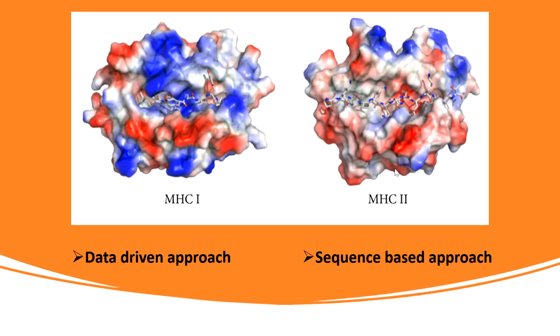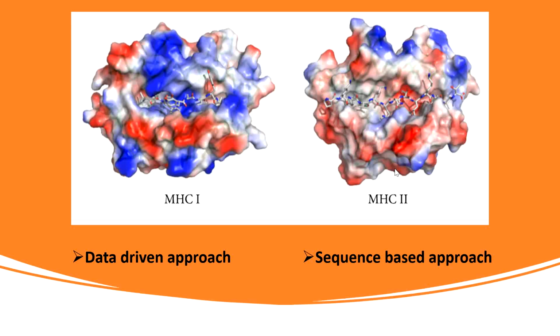So there are these amino acids at particular peptide positions which specifically bind to the groove of these MHC class 1 and class 2 molecules. These are known as the anchor residues. Thereby, prediction of peptide MHC binding was first approached using sequence motifs, or SM, reflecting amino acid preferences of these MHC molecules at anchoring positions.